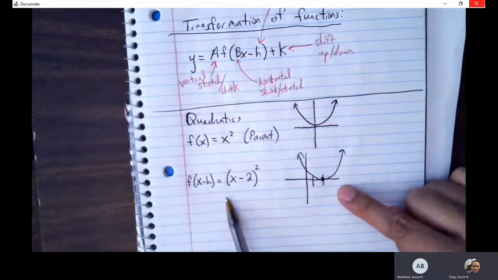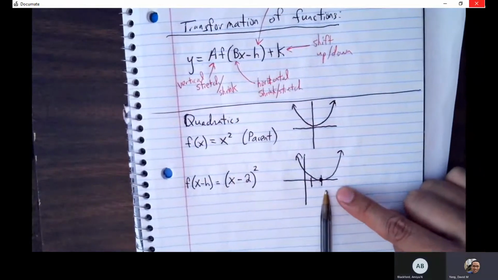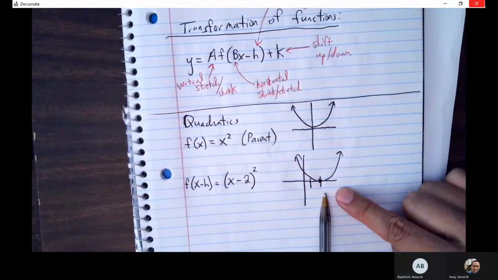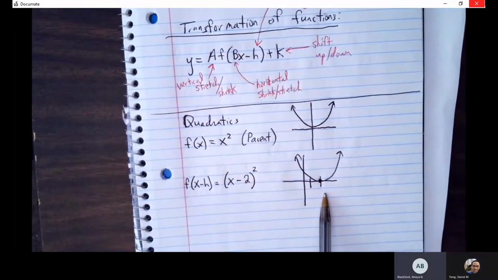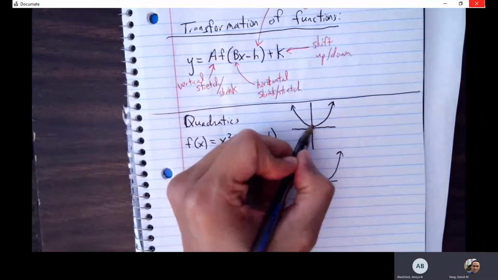So what would you conclude? This H is going to do what to the graph? What's it going to do to this parent graph?